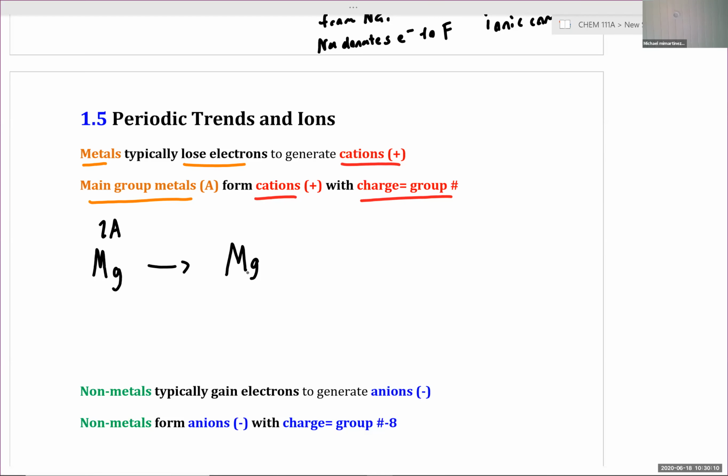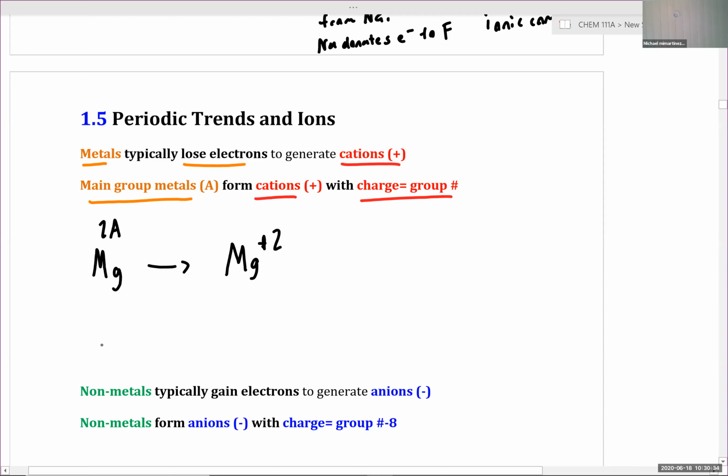What is the group number of magnesium? And don't be shy to respond via the chat. What's the group number of magnesium? Well, the group number of magnesium is 2A. So we'd form a cation with charge +2.